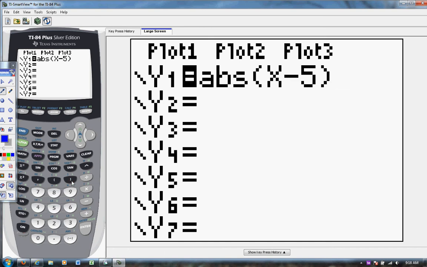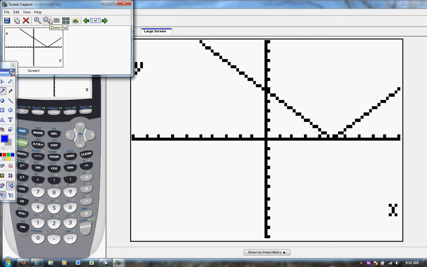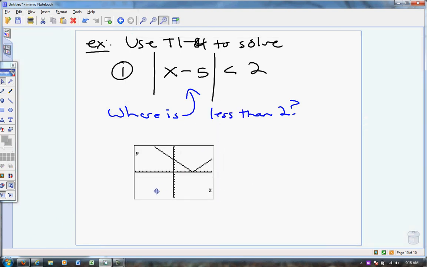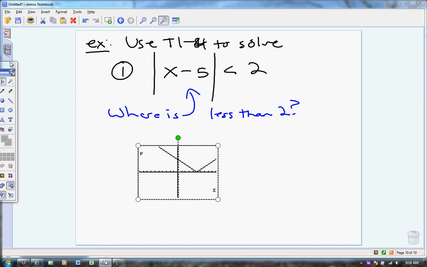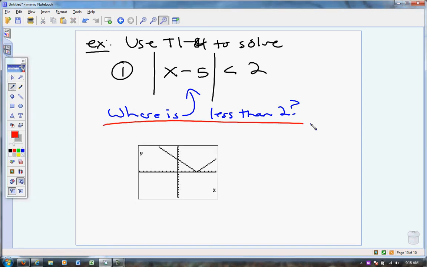All right, and now we're ready to take a look at the graph. So I'll hit Zoom Standard. There's the graph of the absolute value of x minus 5. So there's my graph, but what is this question asking? It's asking, where is it less than 2?